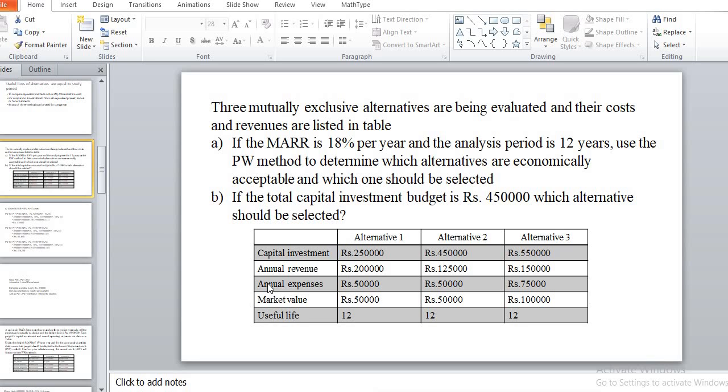Now in this problem, the investment, revenue, expenses, market value, and useful life are given, and also the MARR value for that particular company is given as 18%, and the period of lifespan is 12 years. An investment budget of 4,50,000 is also given.